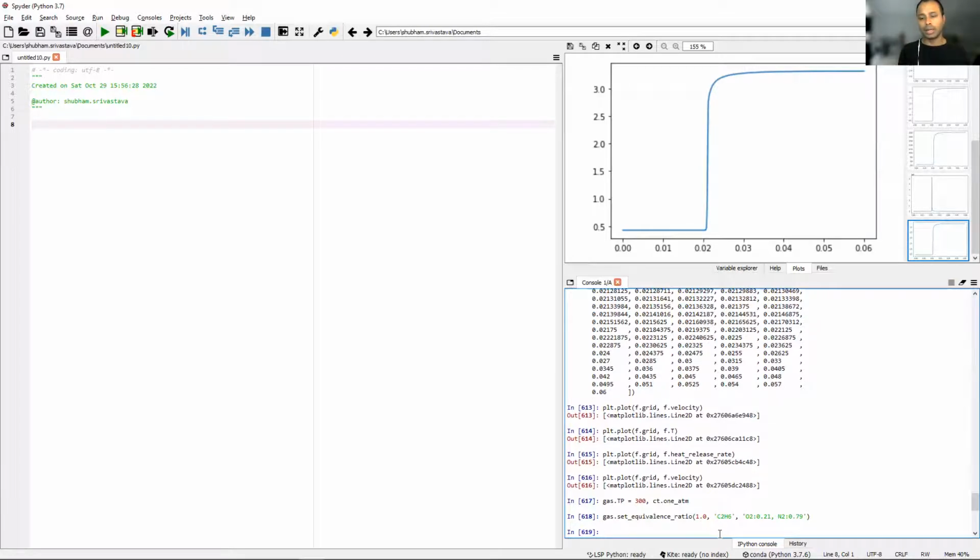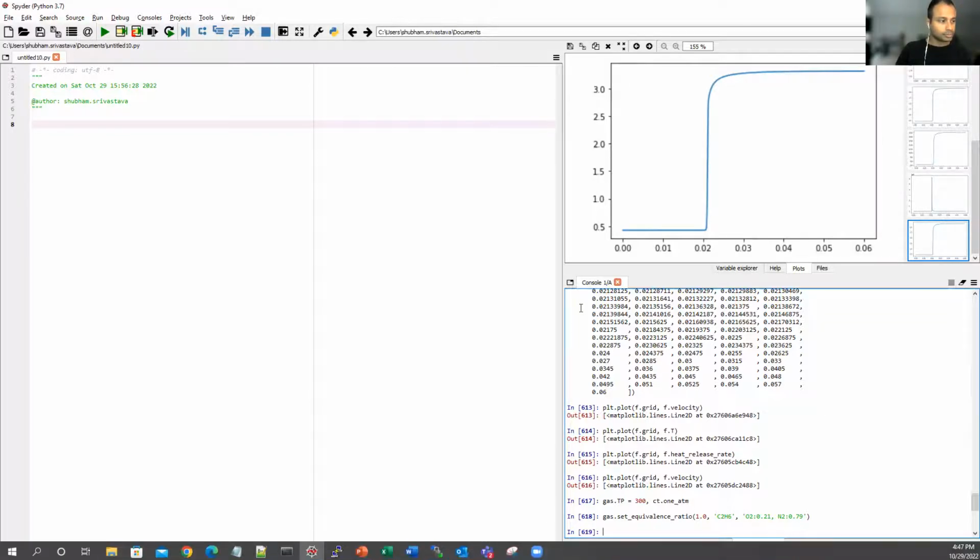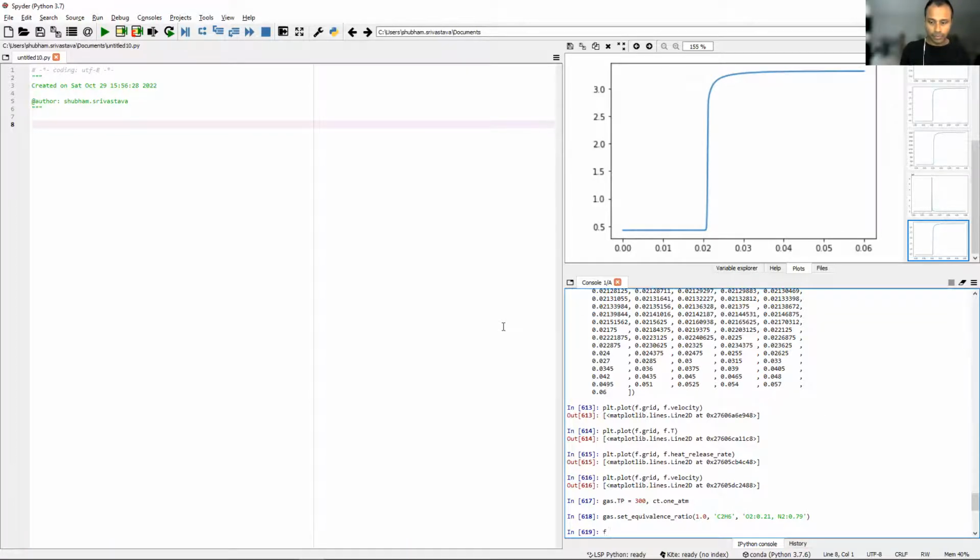Okay, all right. So now the function is already there. So let me actually reinitialize the flame as well. f equals ct.FreeFlame(gas, width=width).